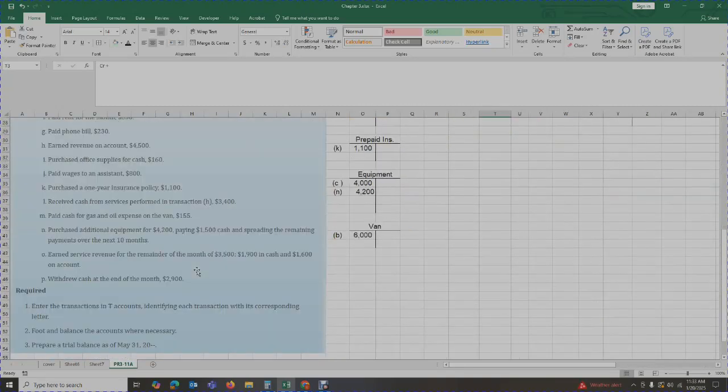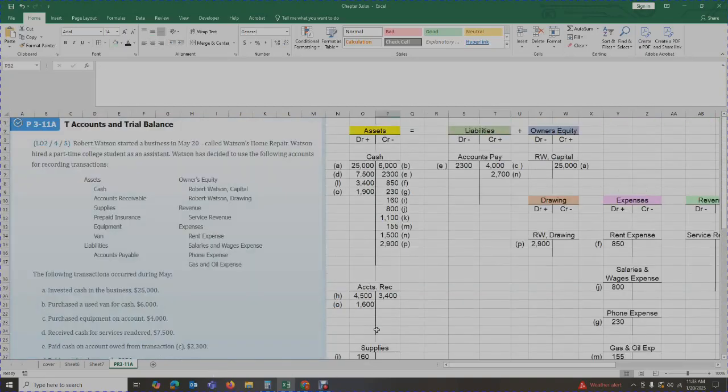Now they're asking us, we did number 1, enter the transactions into the T accounts. Now they're asking us to foot and balance the account. Okay, so I'm going to foot and balance. I'm basically going to do the total of the debit side and the total of the credit side. And I'm going to put those in another color, maybe in red.